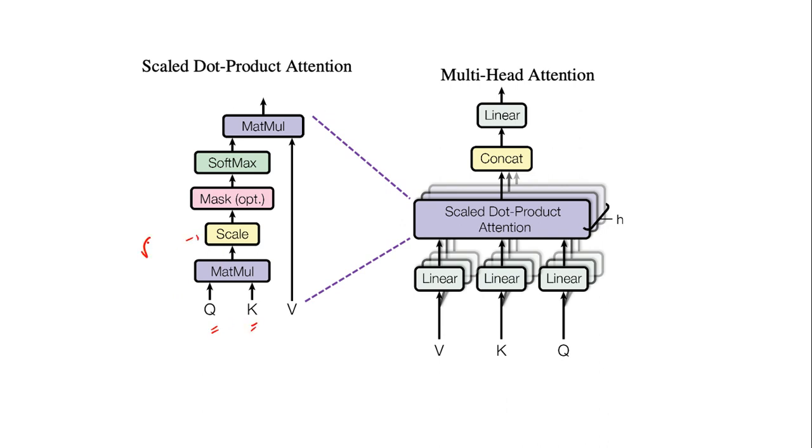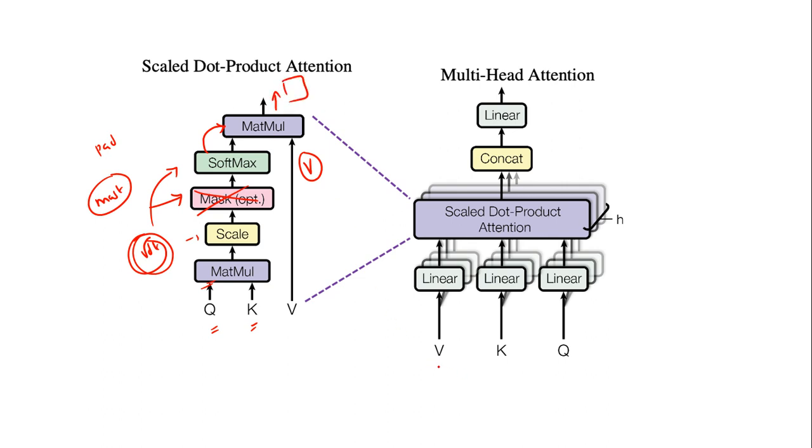We are scaling it by root dk, and I'll explain the different masks, like padding mask and look-ahead mask. For now, ignore this. So we multiply, divide by root dk, do softmax, and again multiply with v, and we finally get some output. This is called scaled dot product.